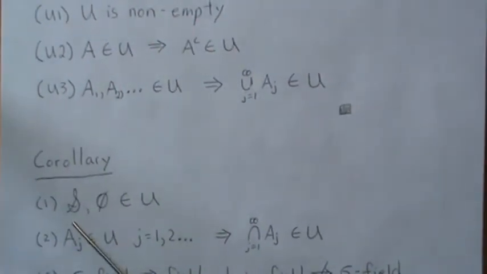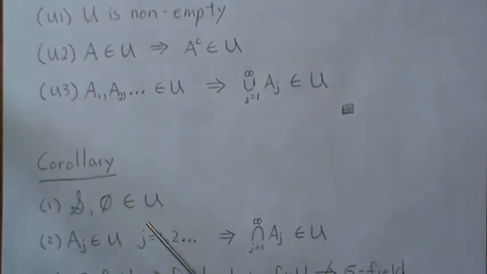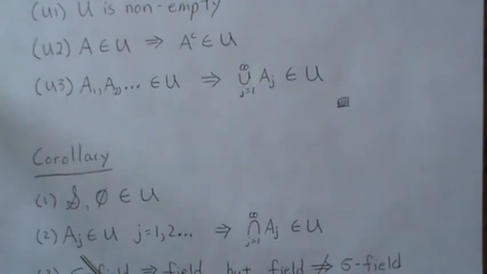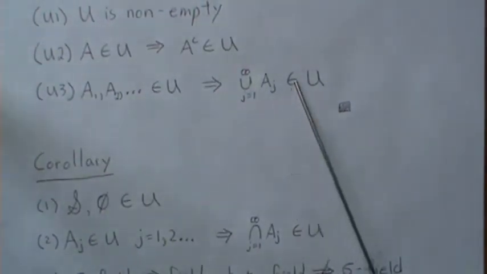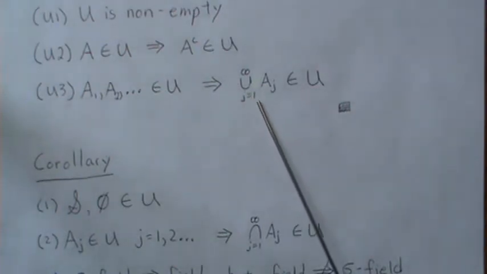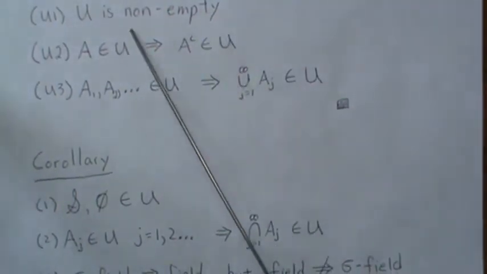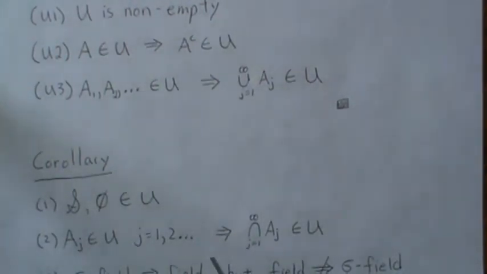The entire sample space and the null set have to be in U. Now the definition says that this countable union is in it, so that it's infinite. But using just these three, we can also deduce that the countably infinite intersection is back in U. And the proofs of these are very dissimilar to what we did in fields, so I'm going to pass on those.